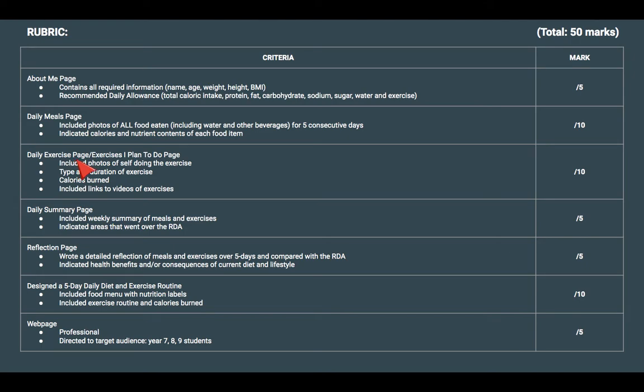Daily exercise and exercise I plan to do. If you exercise, just snap a picture. Okay, what kind of exercise did you do? Calculate the calories burned. And as I said, if you have a smartwatch or smartphone, there are so many health apps that can already calculate that for you.